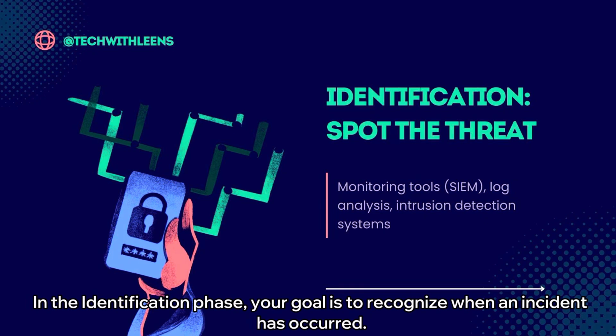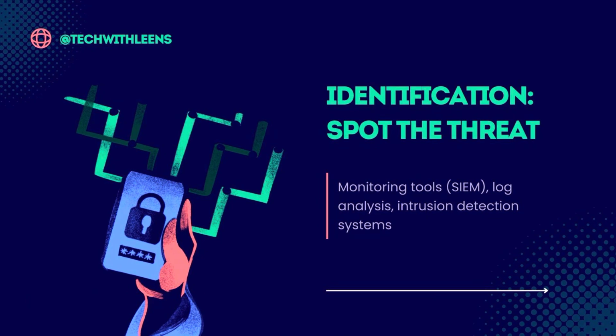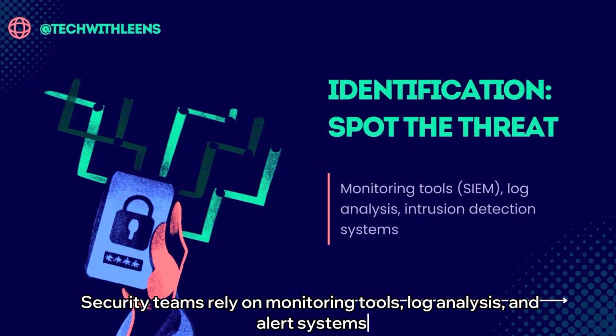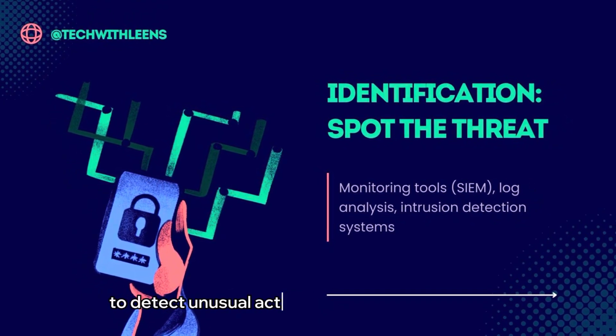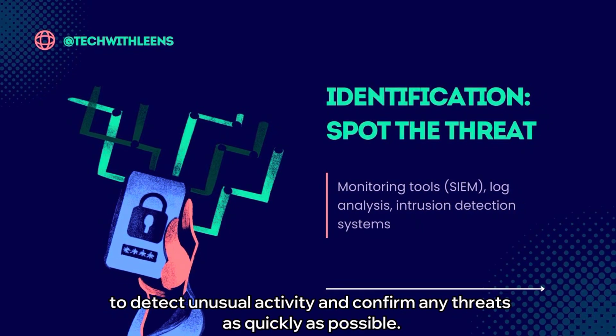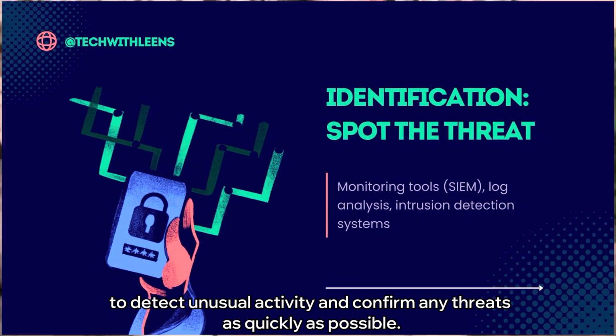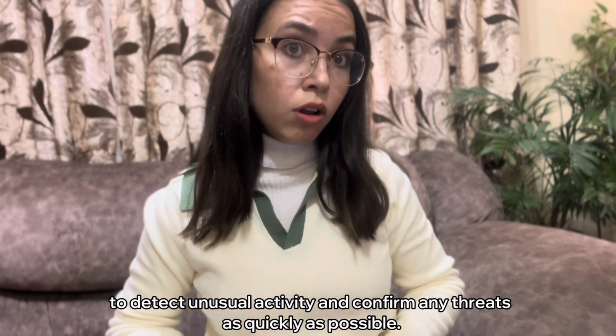In the identification phase, your goal is to recognize when an incident has occurred. Security teams rely on monitoring tools, log analysis, and alert systems to detect unusual activity and confirm any threats as quickly as possible.